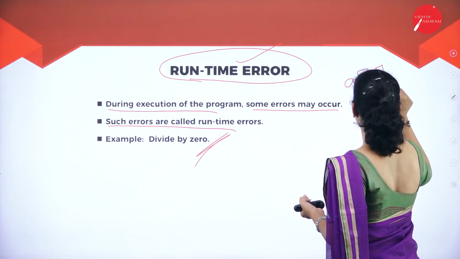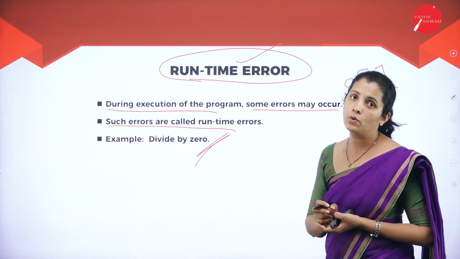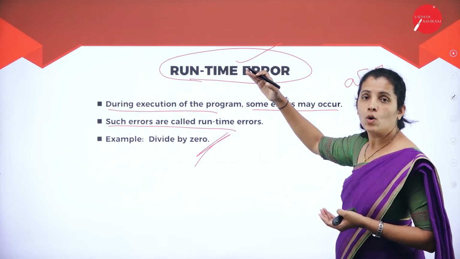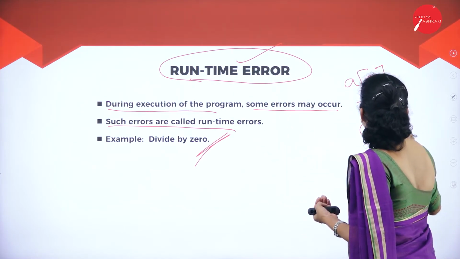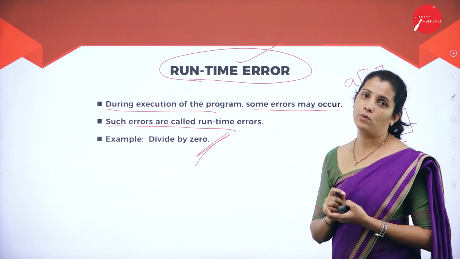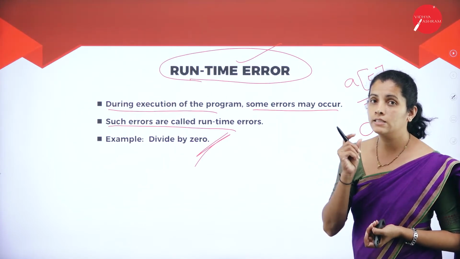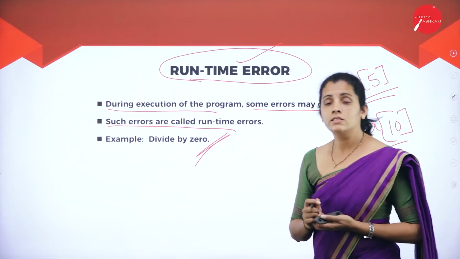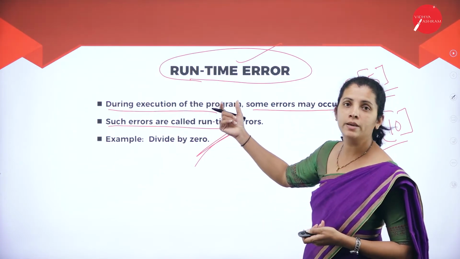That means I assign or allocate 5 memory locations for A. While running my program, I may request some other memory space, that means more than 5. At that time, I get the error, array index out of range. These are some of the errors we get during the execution of the program.